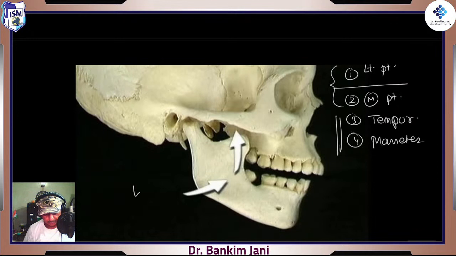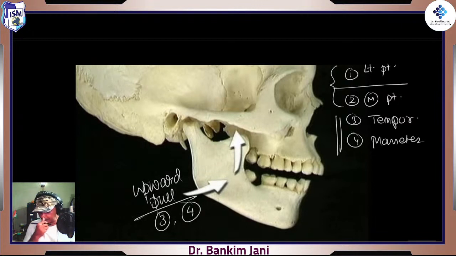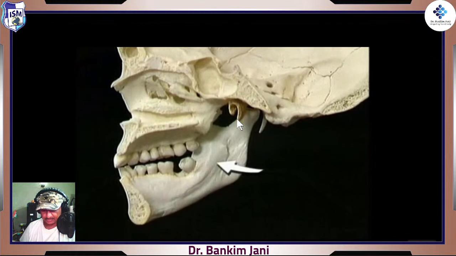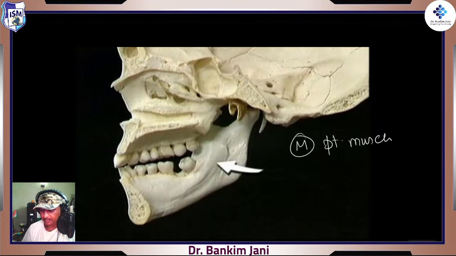So that powerful upward pull is by number 3 and number 4, right? Temporalis and masseter. And when it comes to the gliding movements, that is where that medial pterygoid muscle will come into picture, right? Because this medial pterygoid muscle will be operating from behind.